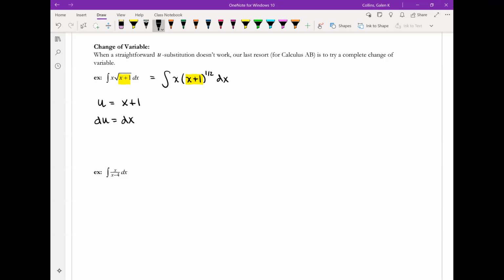But here's the trick. In addition to having u equal to x plus 1, we're going to solve this for x as well. So if we subtract 1, or add a negative 1 to both sides, we get that u minus 1 equals x. And we're going to use both of these equations.